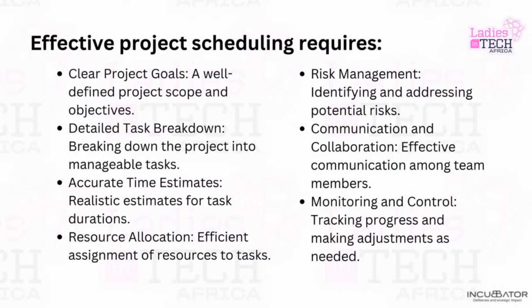Then we have monitoring and control, tracking progress and making adjustments as needed. Like I said in the last class, micromanagement, or nano management rather, is not the role of a project manager. Just because I said I love to do it doesn't mean that you as a project manager are supposed to do that. It is not your work to micro or nano manage anybody.